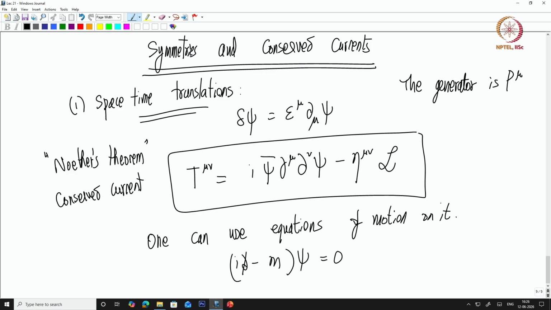This means we can set L equal to 0 in T^{mu nu}, since L vanishes because of the equations of motion.